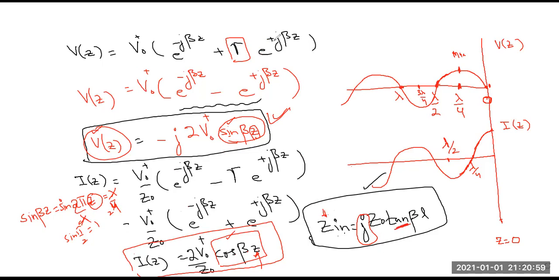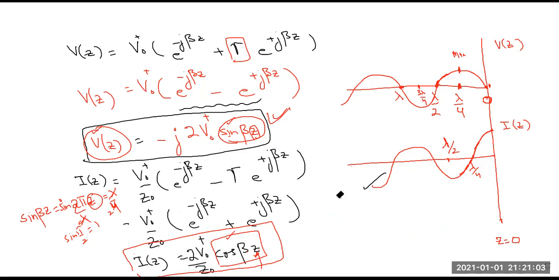Okay, now I will plot this equation somewhere over here, let me remove this. Which equation do I want to plot now? Zin is equal to jZ0 tan(βL).